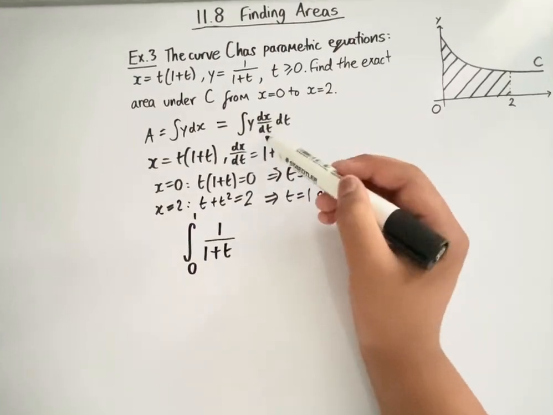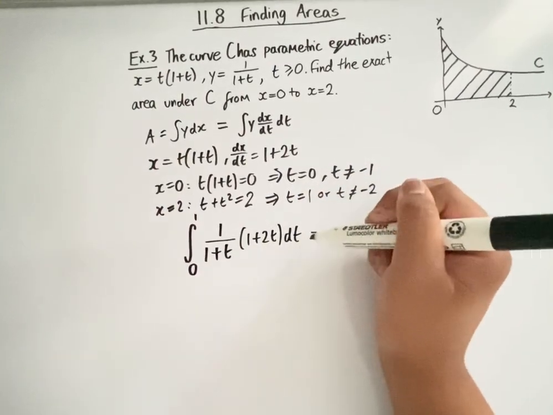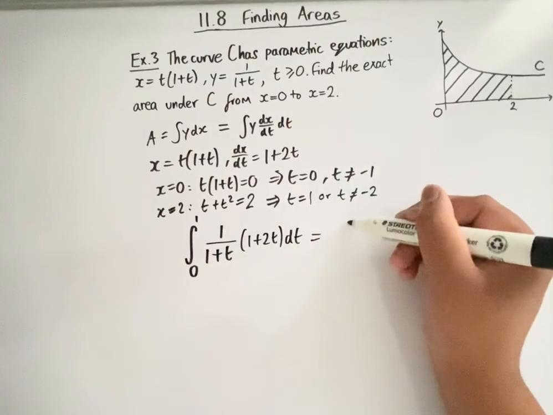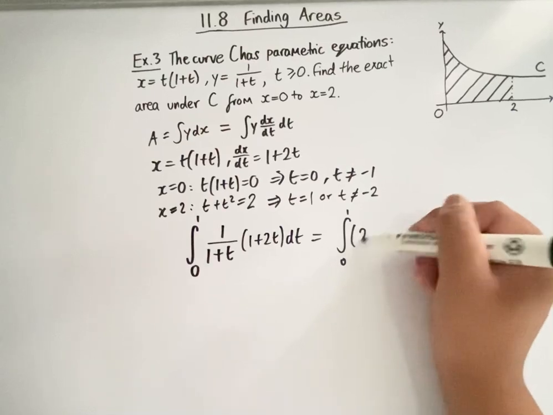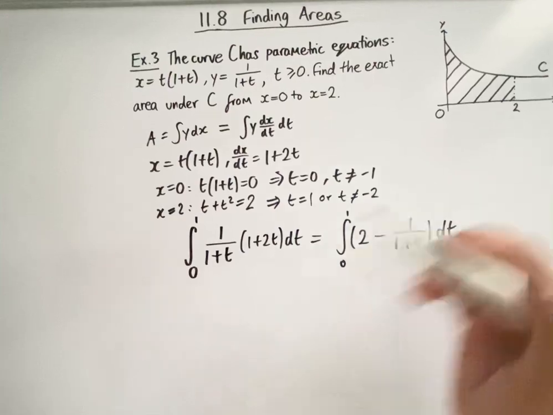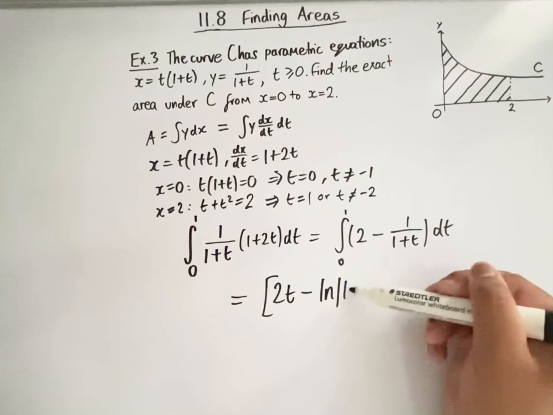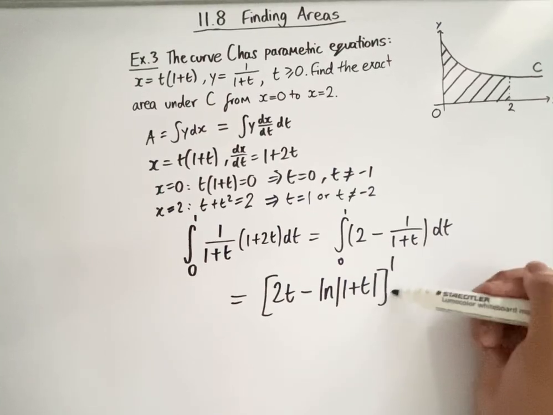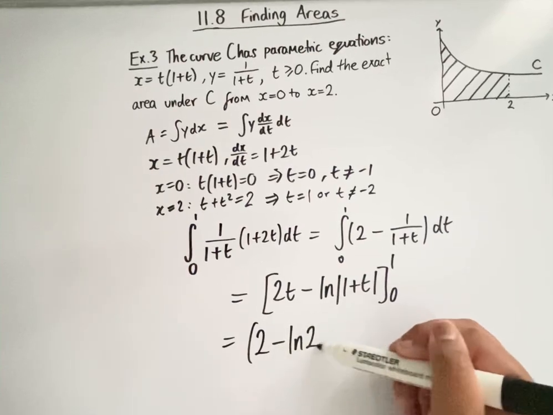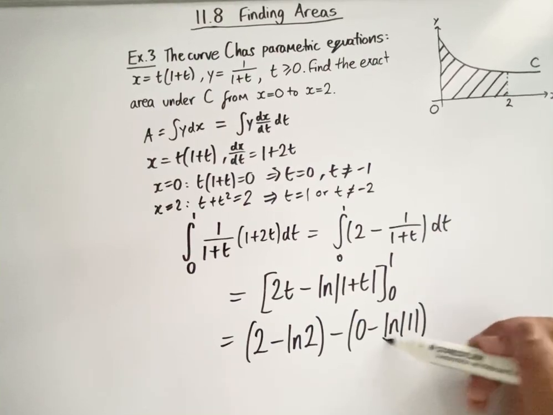And so therefore we're solving the integral from 1 to 0 of 1 over (1 plus t), which is y, multiplied by dx over dt, which is 1 plus 2t, with respect to t. And if you have (1 plus 2t) over (1 plus t), after dividing, you get the integral from 1 to 0 of 2 minus 1 over (1 plus t) with respect to t, which gives you 2t minus the natural log of (1 plus t) from 1 to 0, which gives you 2 minus the natural log of 2, minus 0 minus the natural log of 1, which is just 0.